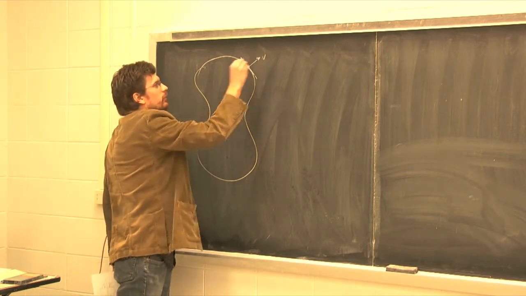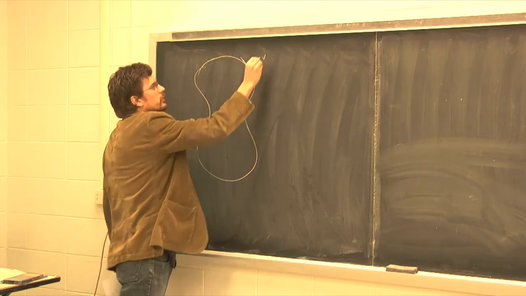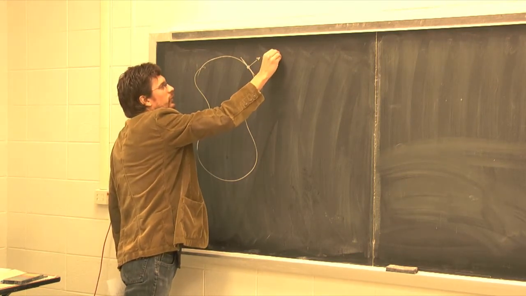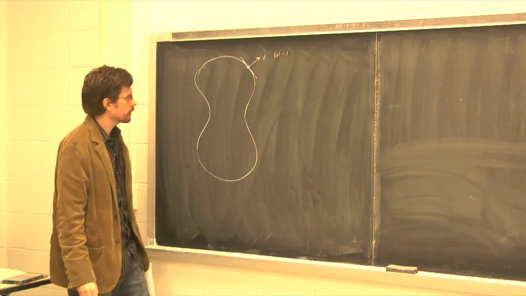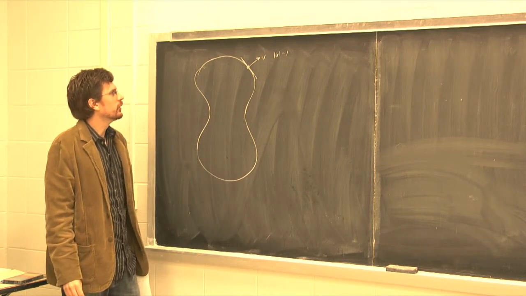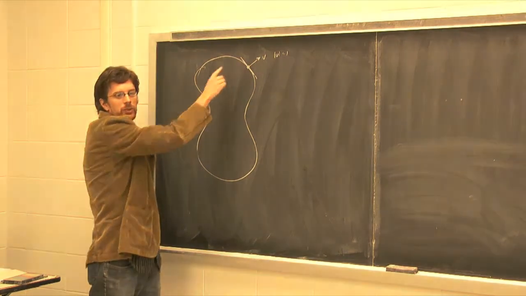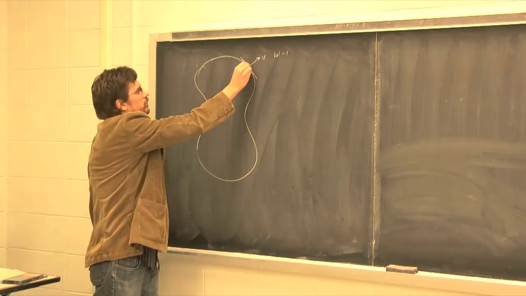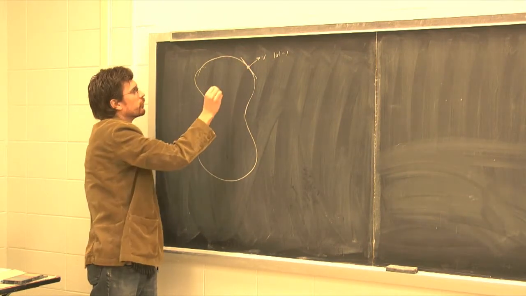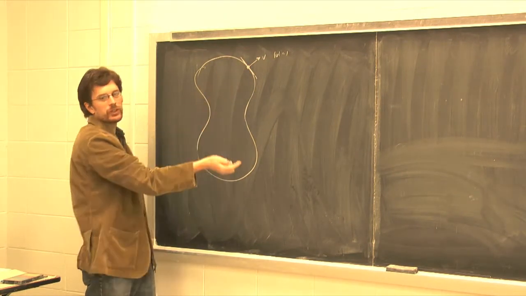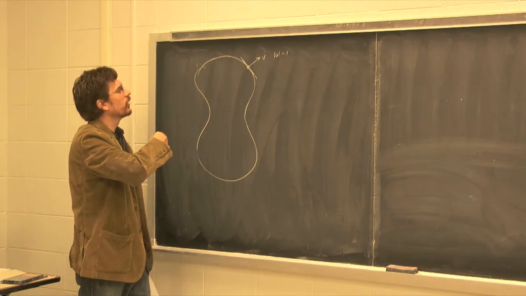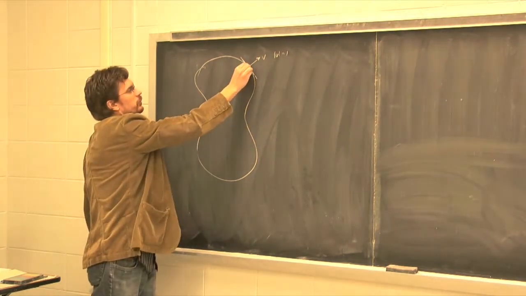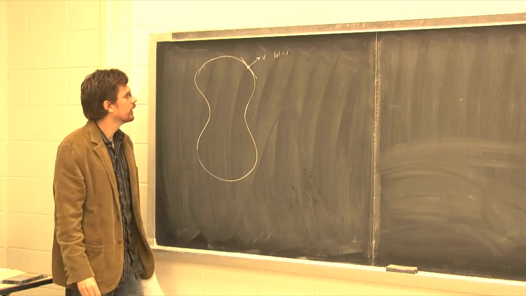Call this V. And suppose that you've normalized it. So the Morse function is literally just projection onto this vector. Projection onto V or projection onto minus V are the only Morse functions in our family that this would be a critical point of.